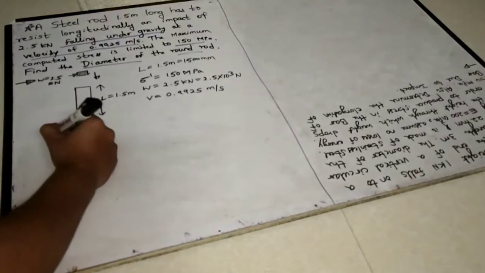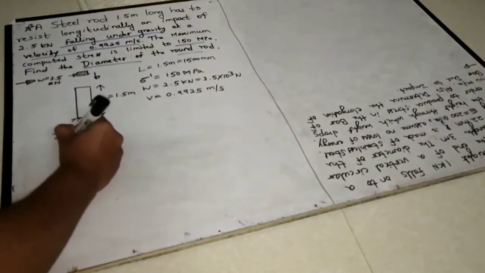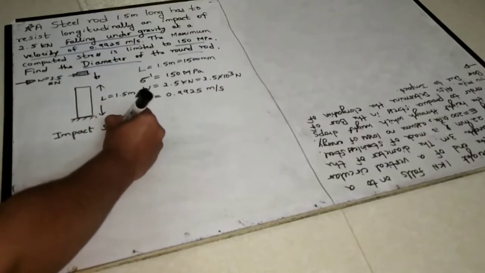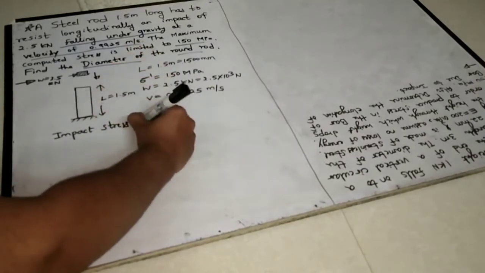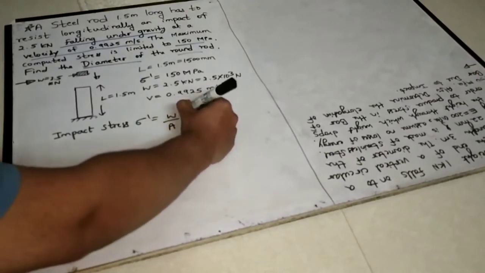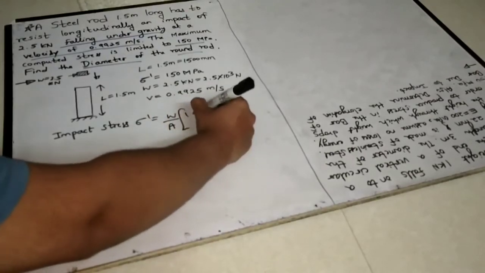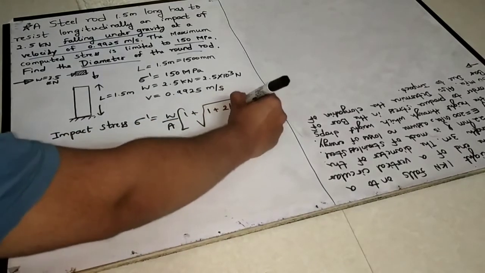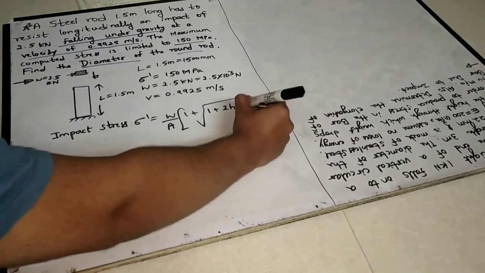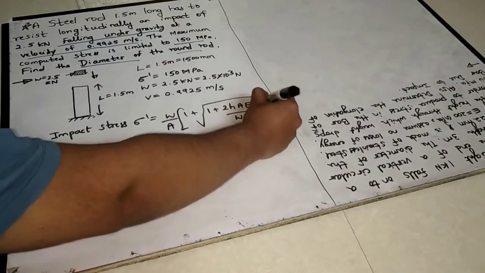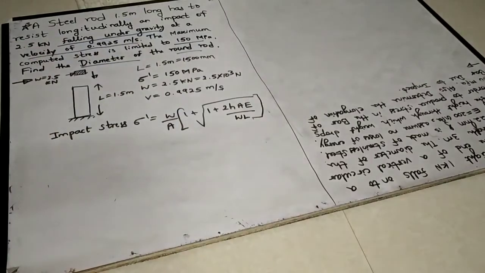We already know the impact stress expression, which we derived, and also we solved numericals on that in the previous class. Impact stress sigma dash is equal to W by A into the bracket 1 plus square root of 1 plus 2 H A E divided by W into L. So this is what we have solved, right?